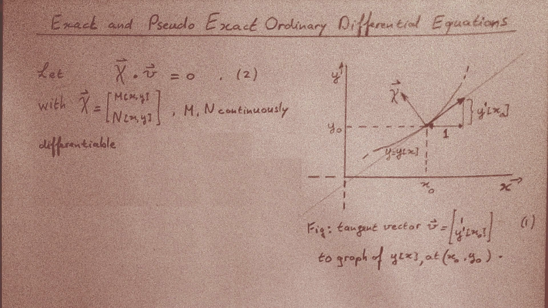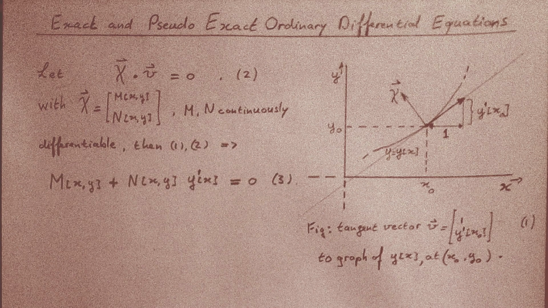Then the combination of equations 1 and 2 can be written as the following equation, equation 3. Equation 3 can then be interpreted as an equation for pieces of curves. Each piece is described by a graph of a function y of x. The pieces are such that their tangent vector is perpendicular to the given vector field chi, at each point xy.